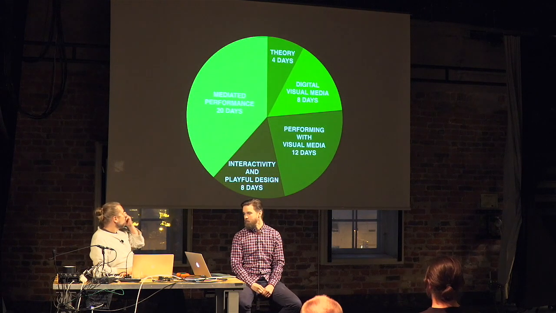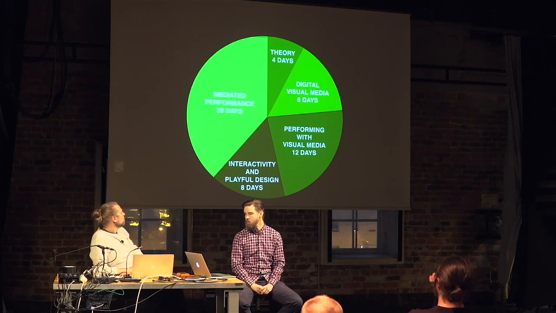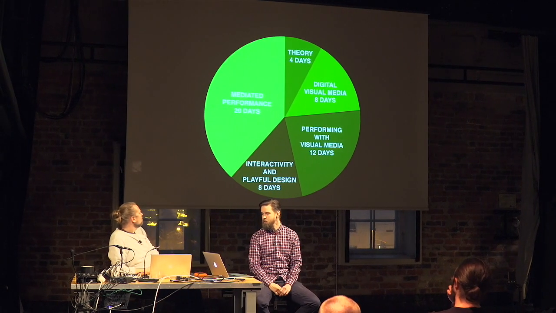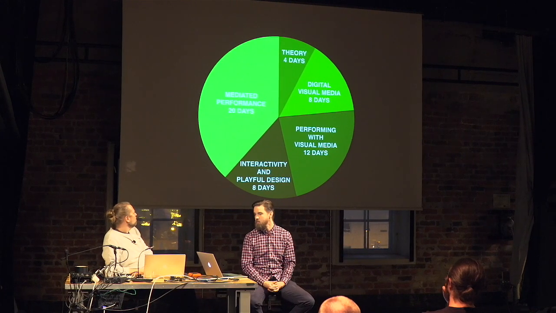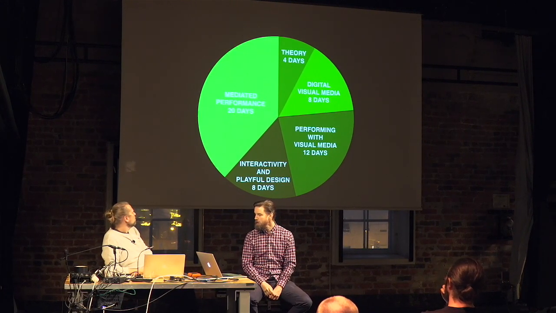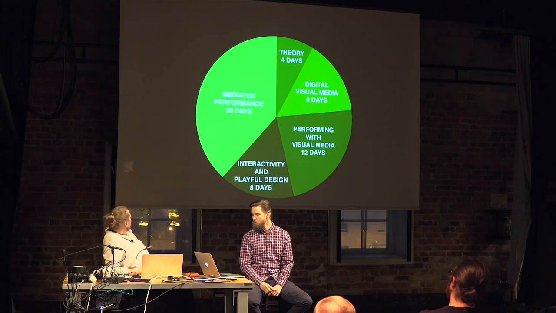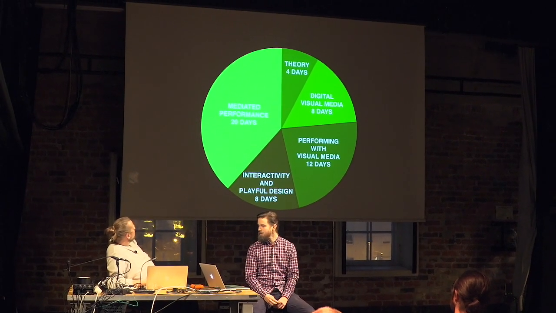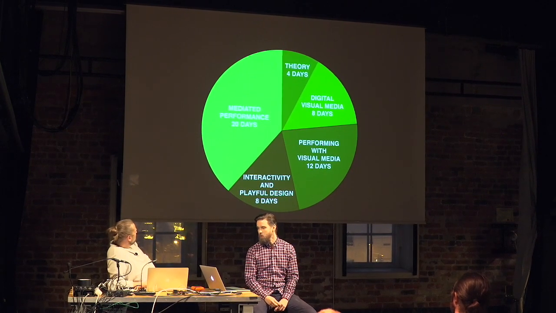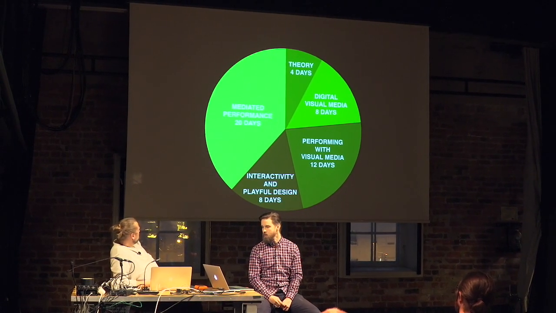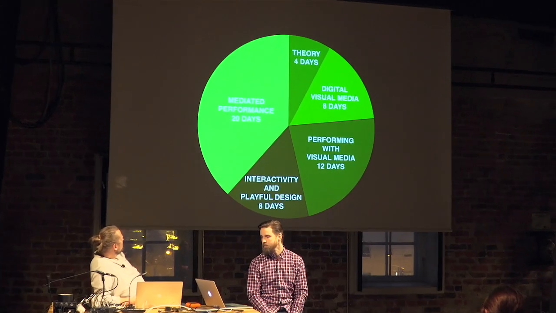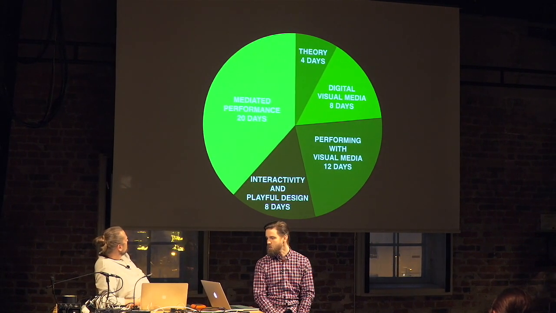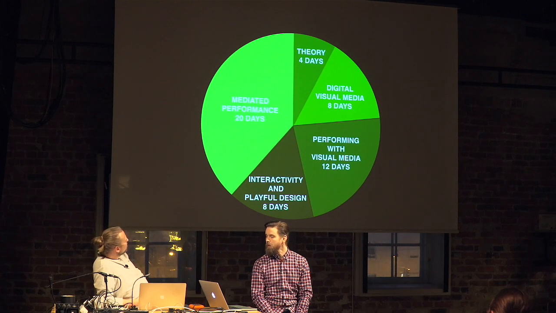The module is 25 credits and it's one term with, I've counted the days, 52 full days of working. So here you can see the distribution of the days. There's four days of just introduction and theory. Then there's the digital visual media course, and in the coming course, Unity Basics.